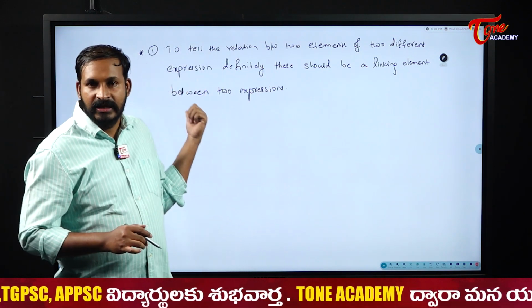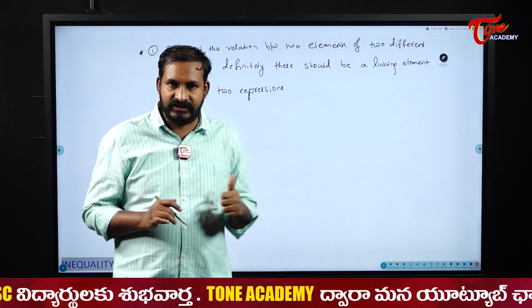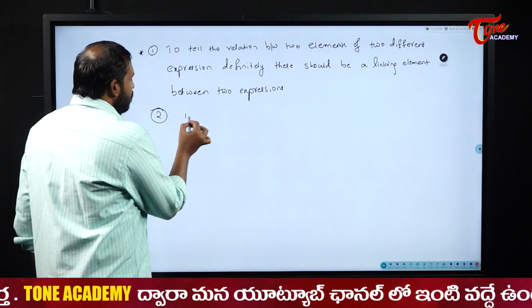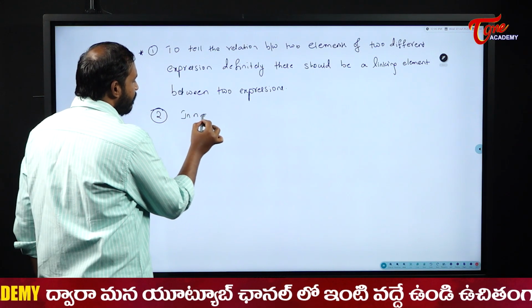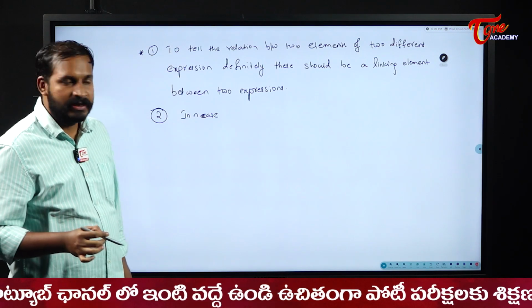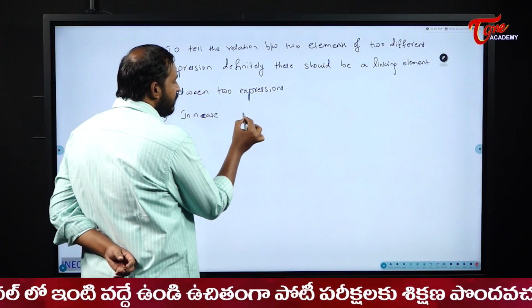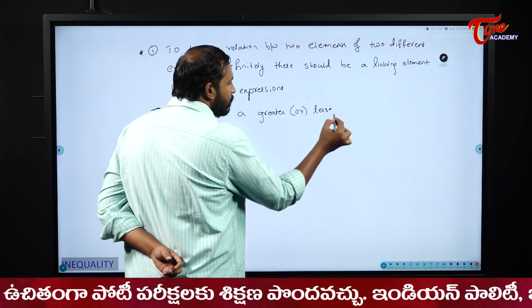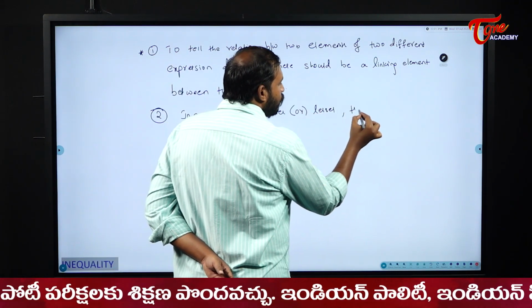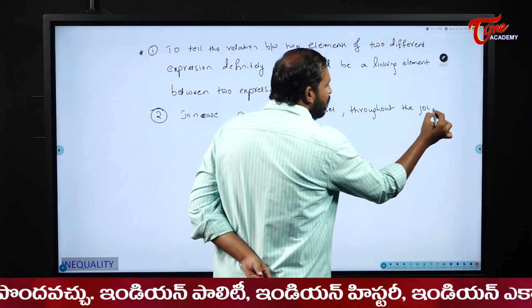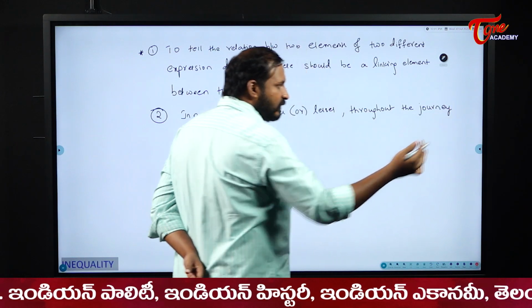Earlier we have seen, right? In the case of A, B, C, D, that is the first one. Next golden rule for us here is, in case of A greater or lesser, throughout the journey, means while linking, we will move from one element to another, right?